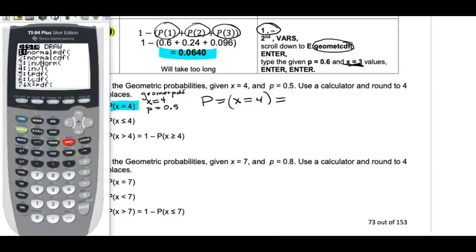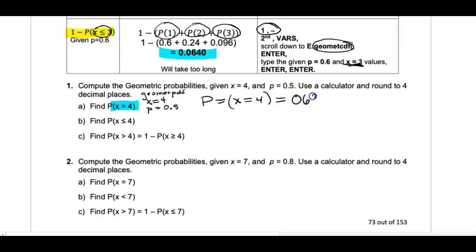Second, bars, go down to geometric PDF, enter, p-value of 5/10, an x value of 4, enter, and we have 0.0625 for x equals 4. Beautiful.